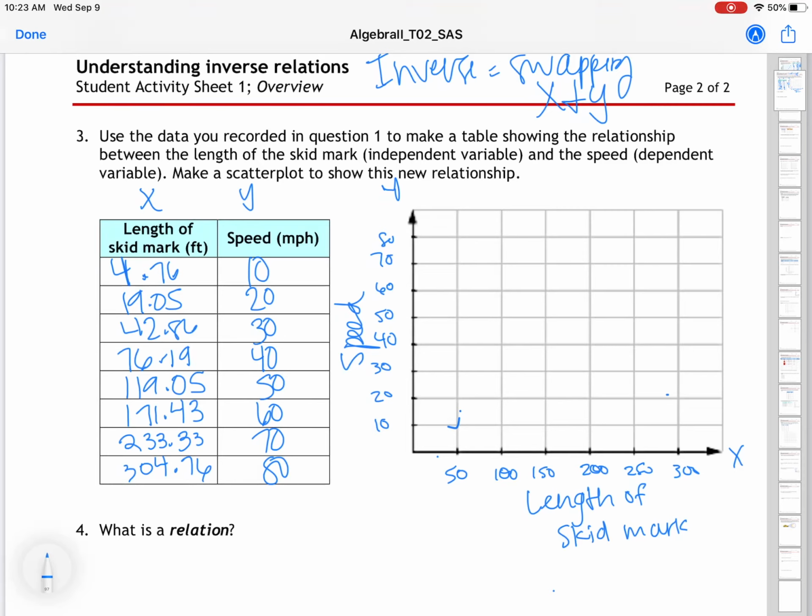So here all I did was swap the axes. My graph is going to look something like this.